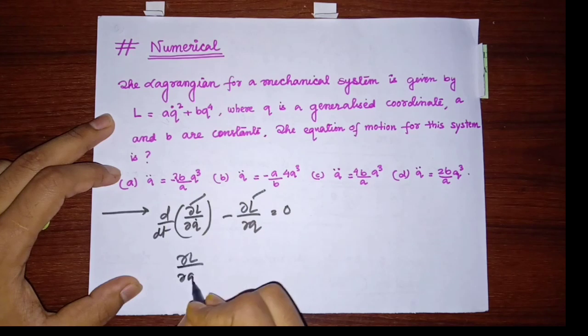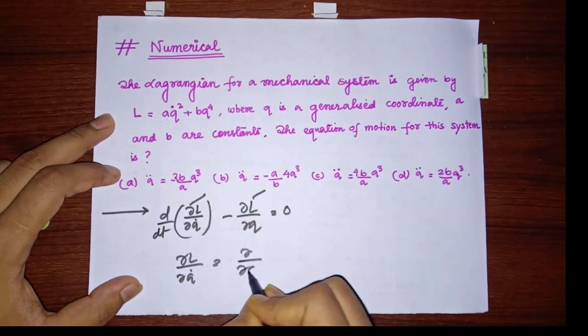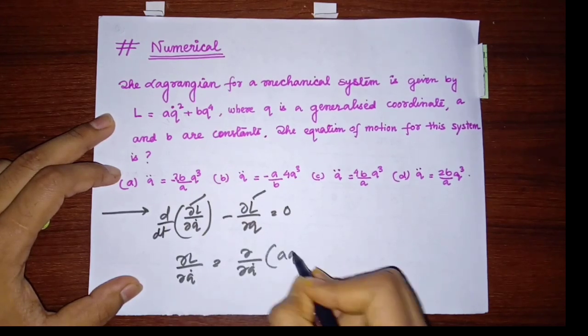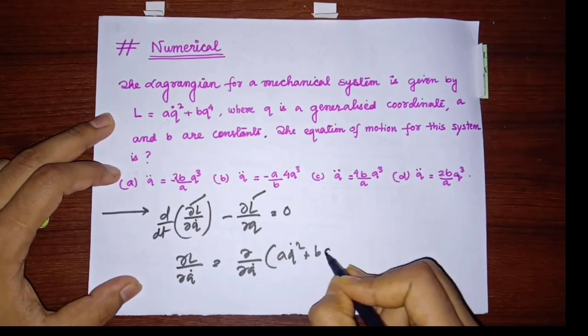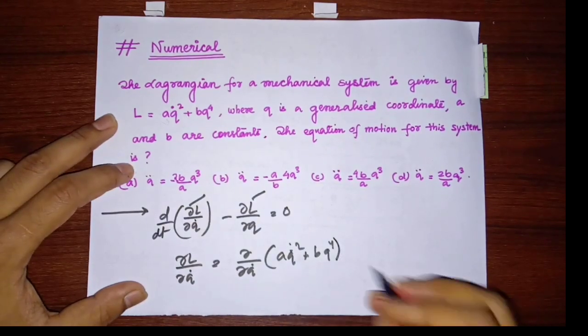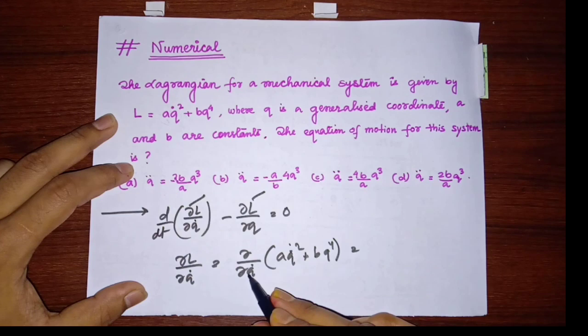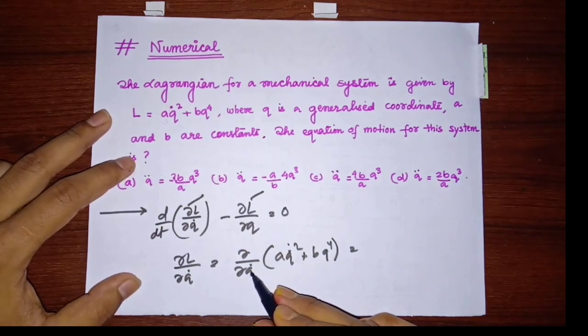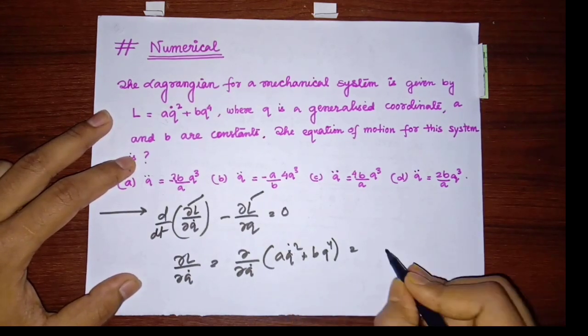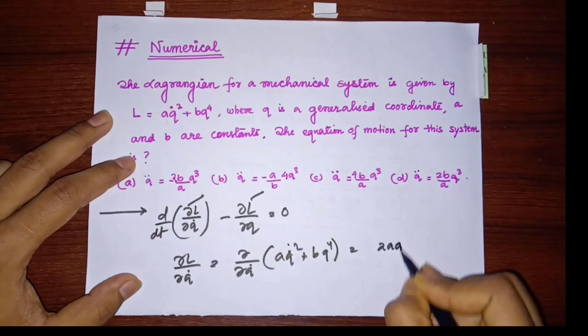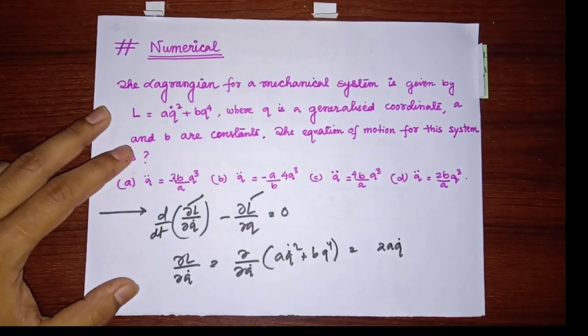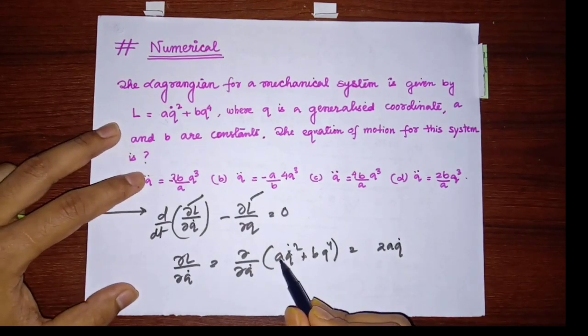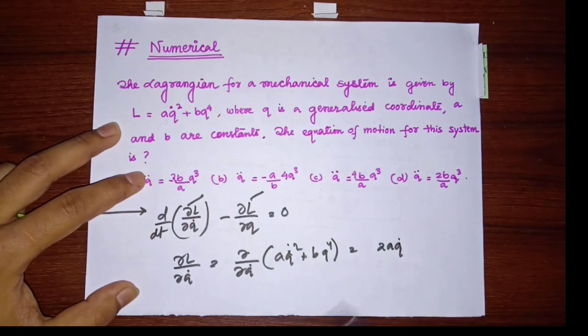So del L by del q dot is equal to del by del q dot of a q dot square plus b q to the power 4. This part will be 0 because it is partial differentiation. Q dot is not present here, only this part is present, so it will be 2a q dot, right? Q dot square gives 2a q dot. Like x square is twice x.